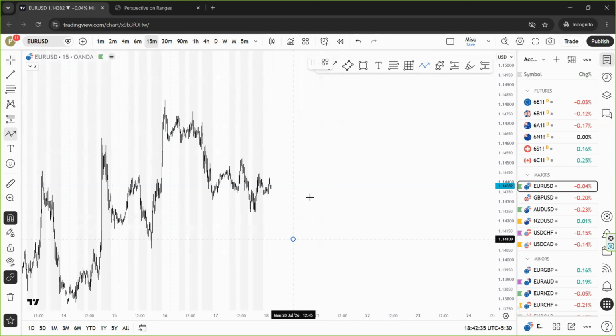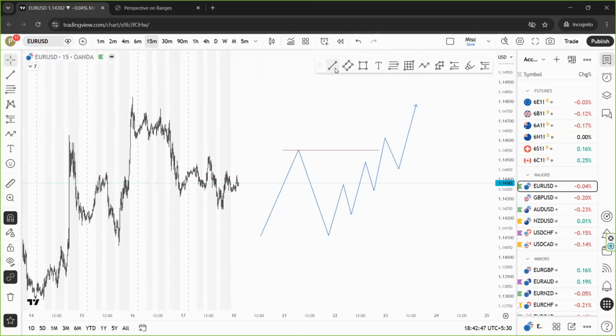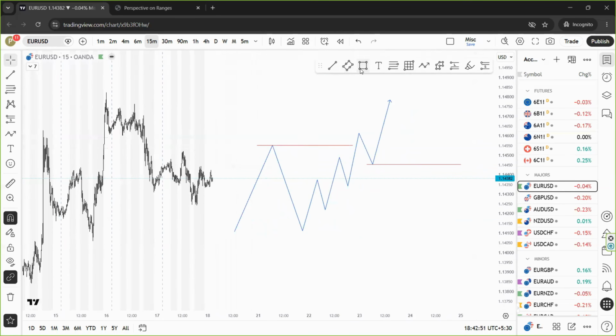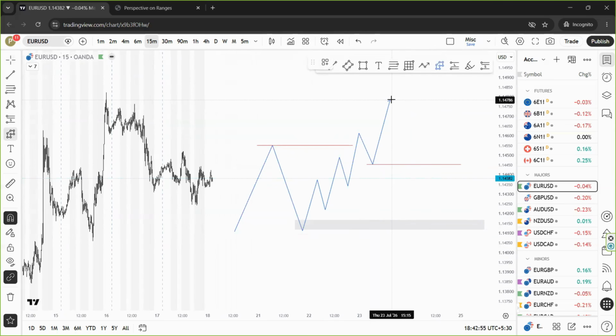So assume you have a large range like this, and you have price doing something like this. If you consider this leg, is this going to mean that minor structure, so assume something like this, has broken and these ranges are not going to hold and price is going to come here?